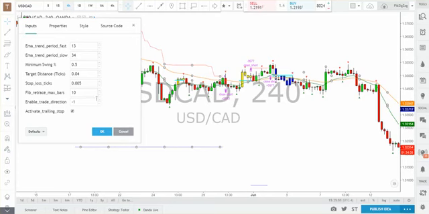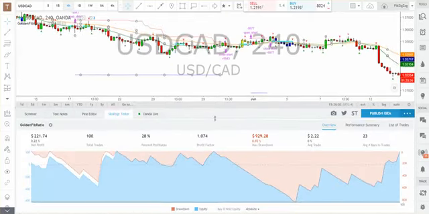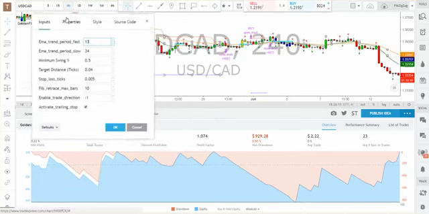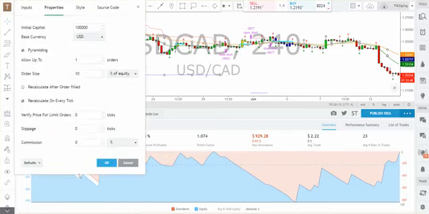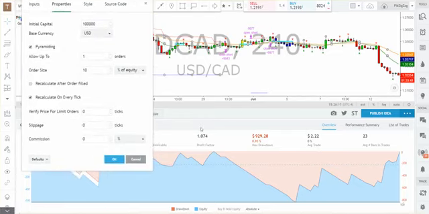So that's pretty much it. Let me just go over the strategy tester, because this is kind of a cool little tool that you can use to tweak your inputs a little bit so you get the right number of trades, or the total number of trades you're interested in capturing.